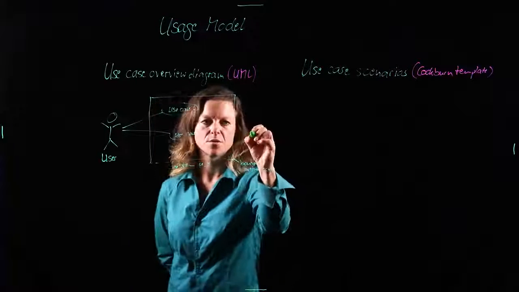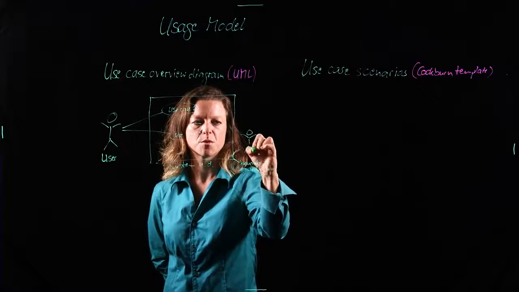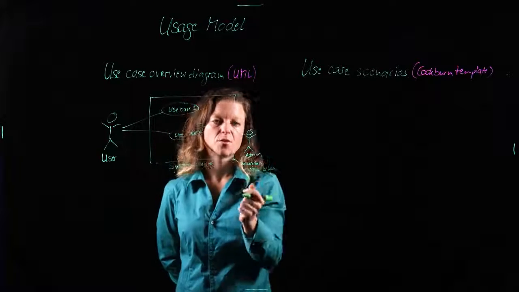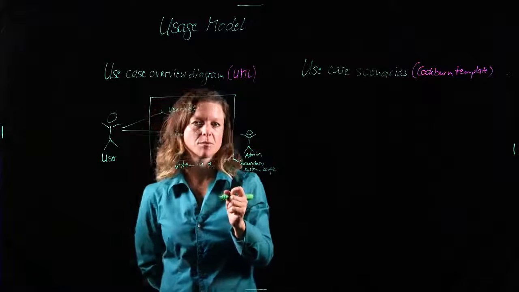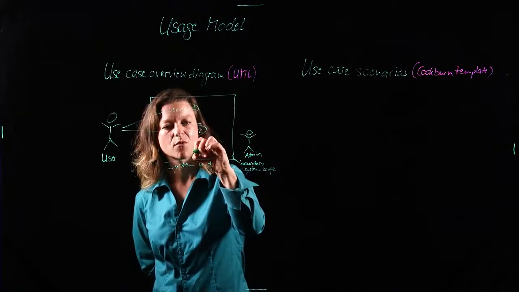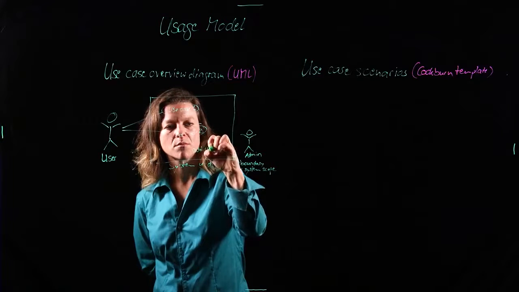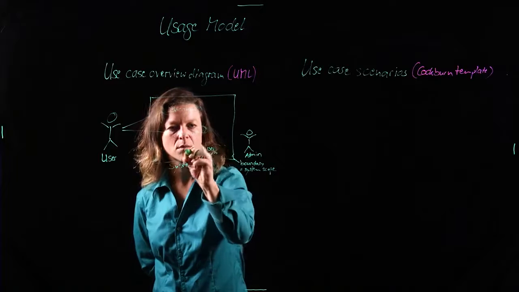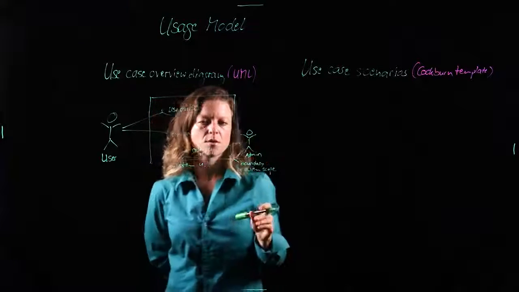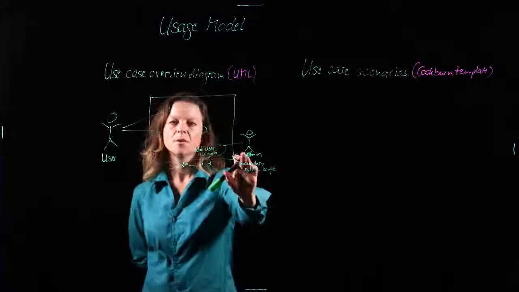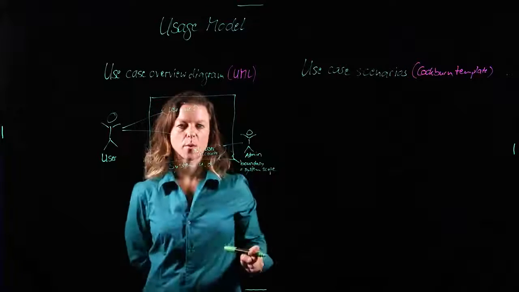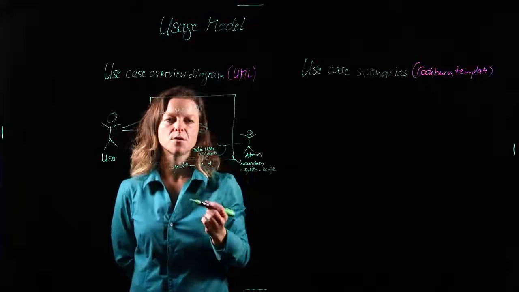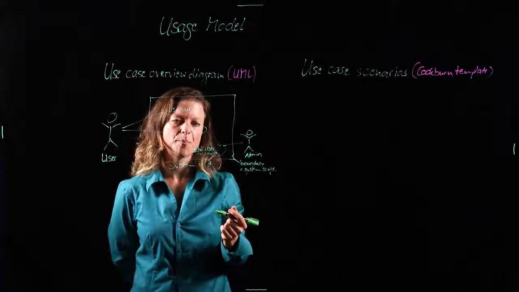There could also be a different user representing a different user group over here, called admin. And the admin can, for example, add user accounts. So we will add a different user if there are several user groups for our system. And each representative user will only be linked to the use cases that they can perform.